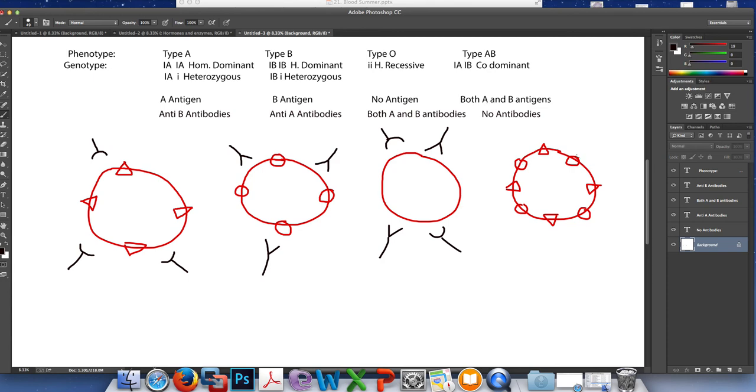So because you have both of these antigens, we can't have either of the antibodies because they will bind to those antigens. So what does all this mean?